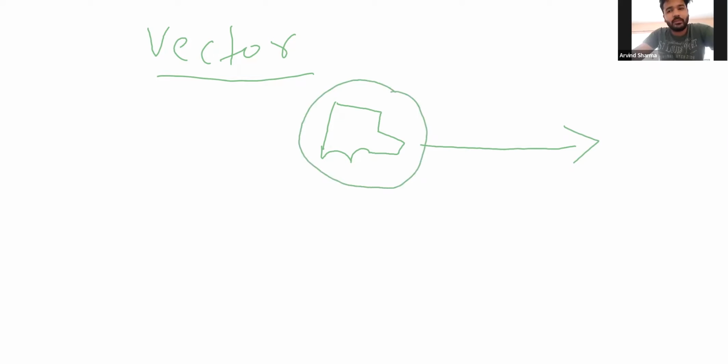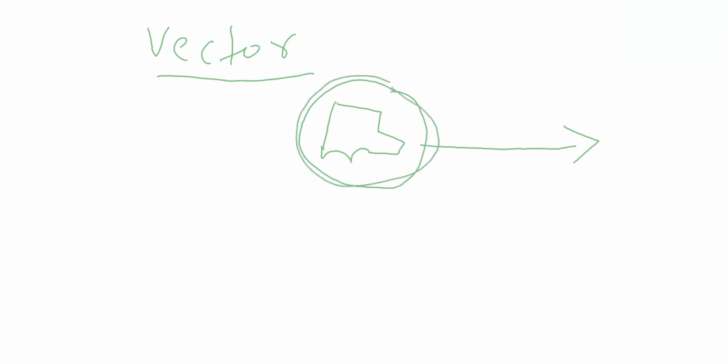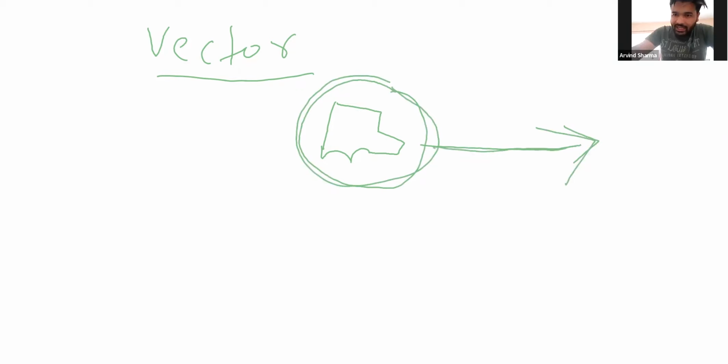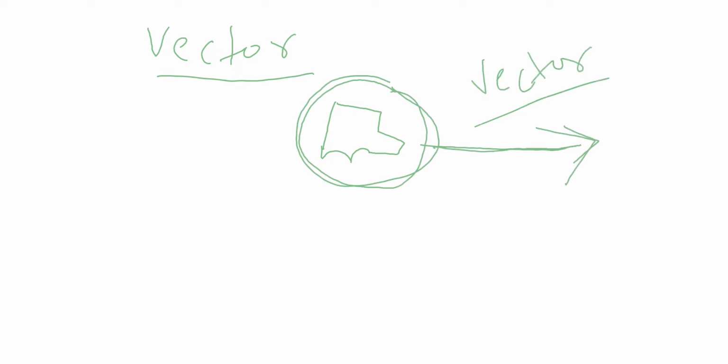So this car in this direction represents a vector. Every physical quantity which has magnitude and direction is called a vector.